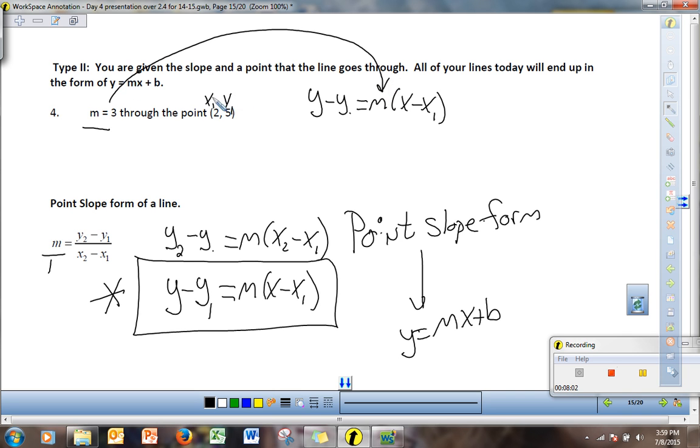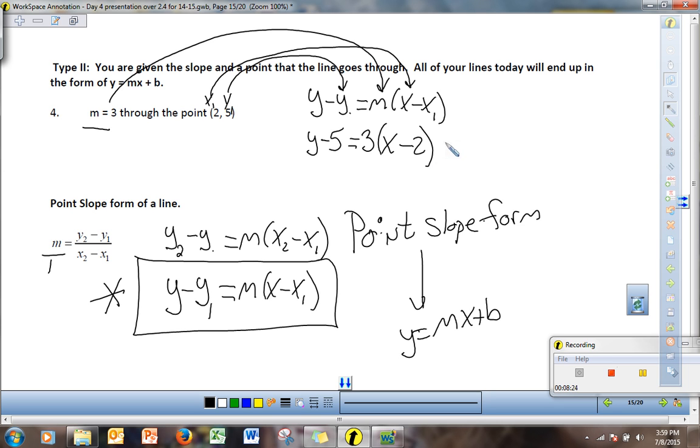In place of x sub 1, I'm going to plug a 2. And in place of y sub 1, I'm going to plug a 5. So it's going to look like this. I've got y minus 5 equal my slope, which is 3, parenthesis, x minus 2. Notice I left the first x and the first y alone.